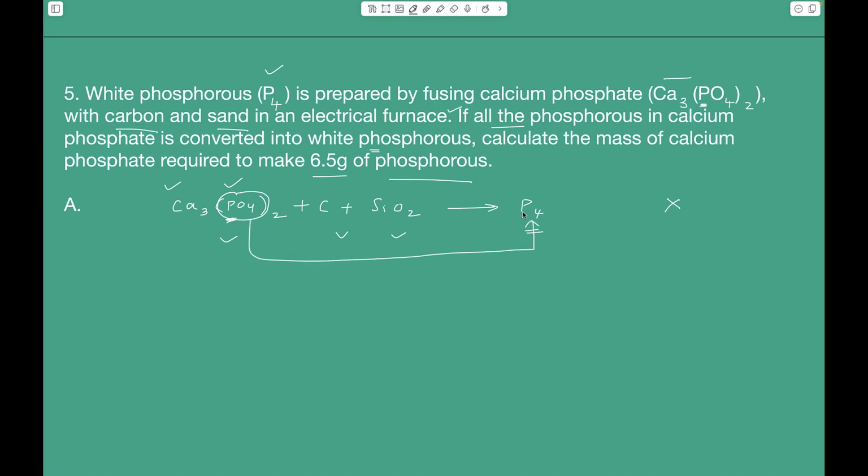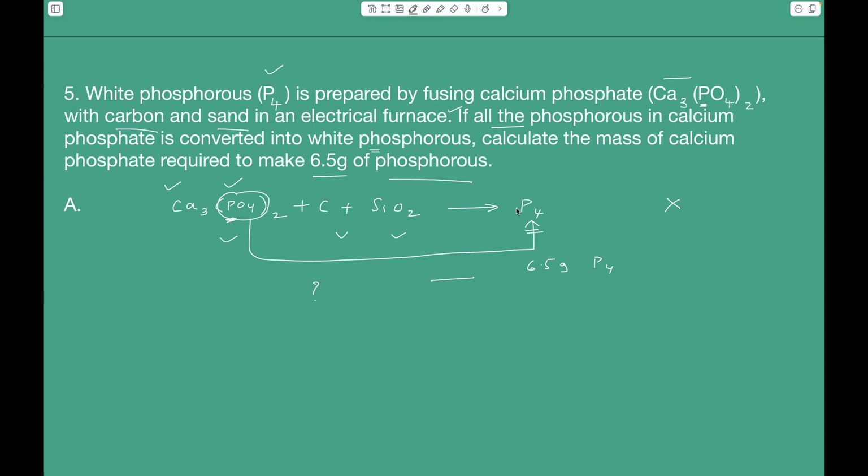It is not going anywhere else. Then calculate the mass of calcium phosphate required to make 6.5 grams of white phosphorus. So what is the mass of calcium phosphate required?